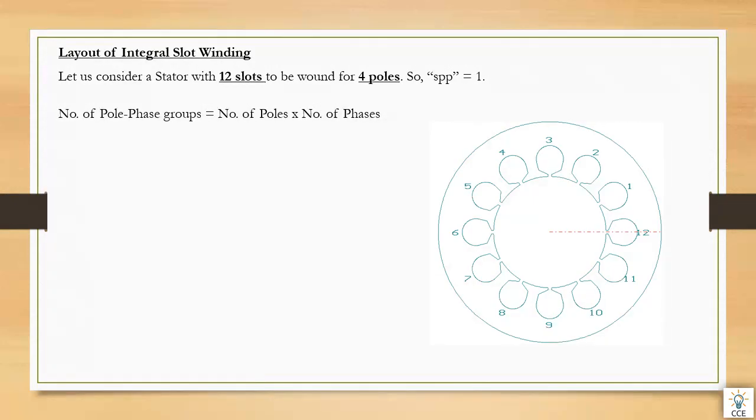Now over here we'll be introducing a concept of pole phase groups. Pole phase groups is the number of poles multiplied by the number of phases.